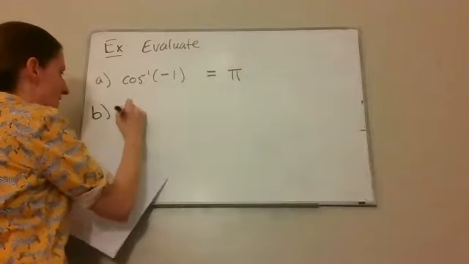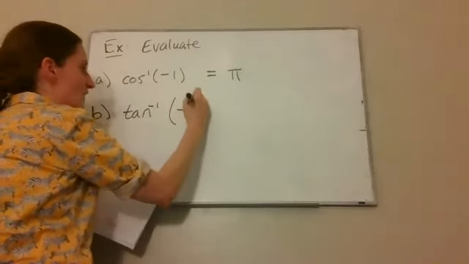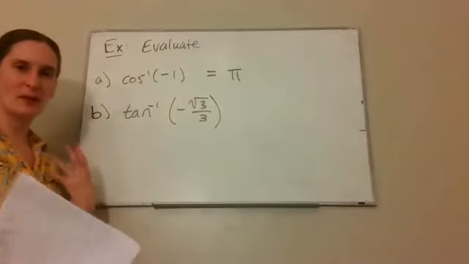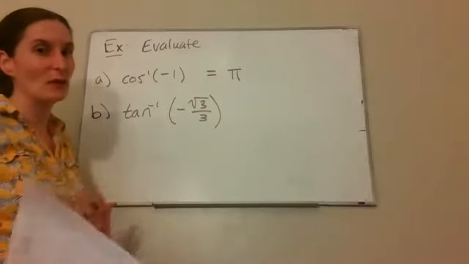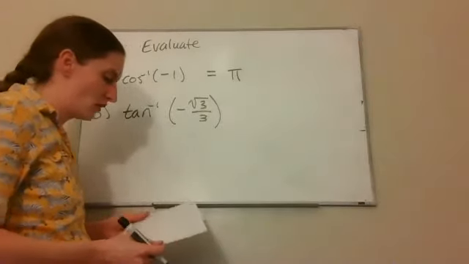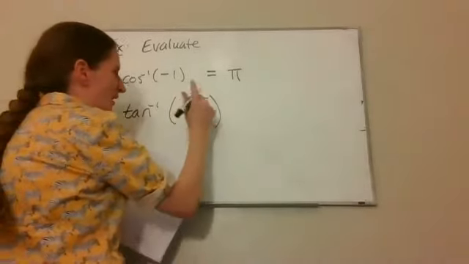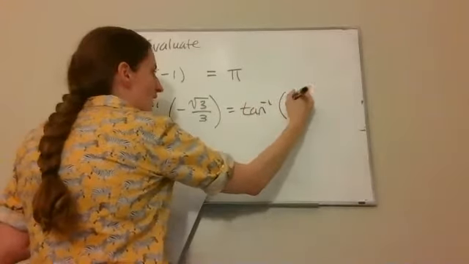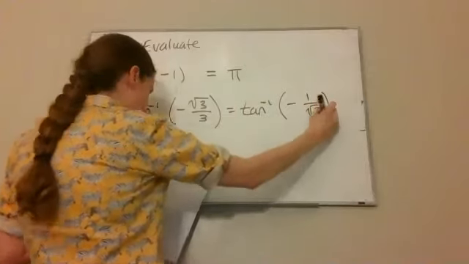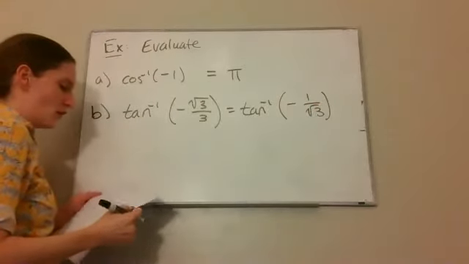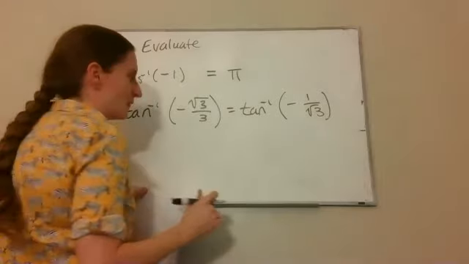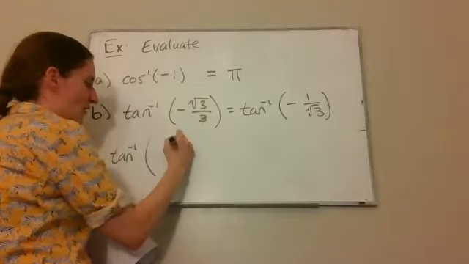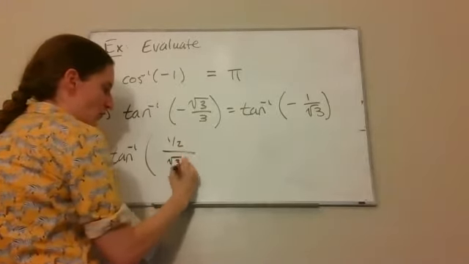Now let's try an inverse tangent of the negative square root of 3 over 3. Now this one might be a little bit harder because we're not as familiar with tangent values as we are with sine and cosine. But I do know, if I simplify this a little bit, square root of 3 divided by 3, well, that's the same thing as 1 over square root 3. So negative 1 over square root of 3 is the same thing as negative 1/2 on top, square root of 3 over 2 on the bottom.